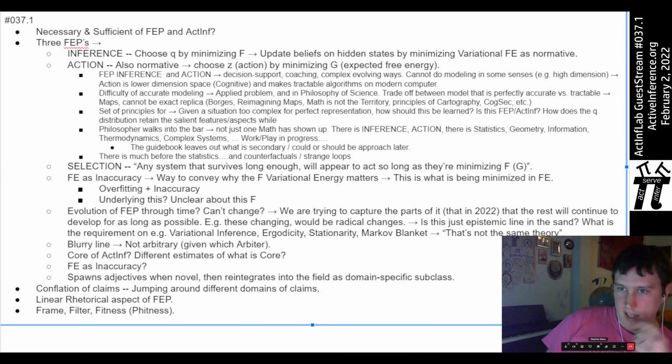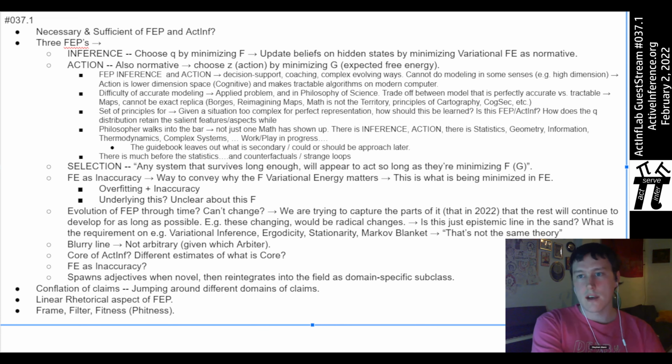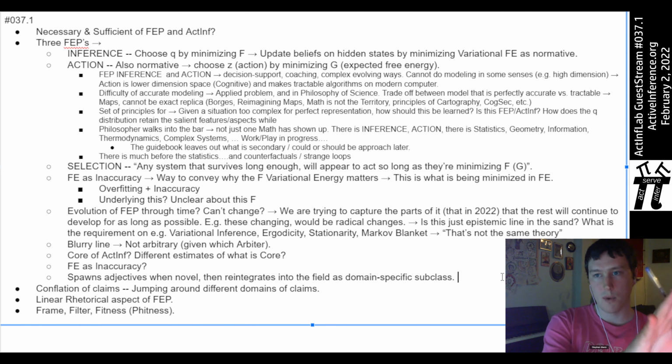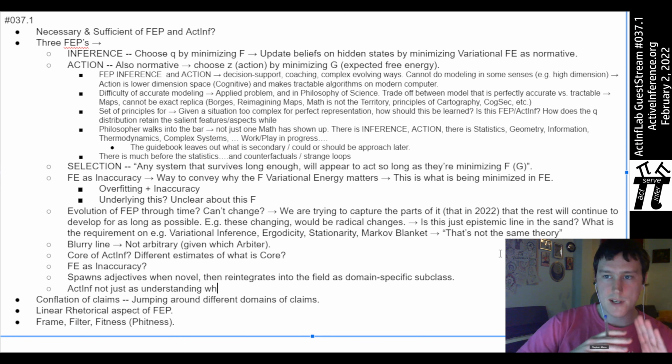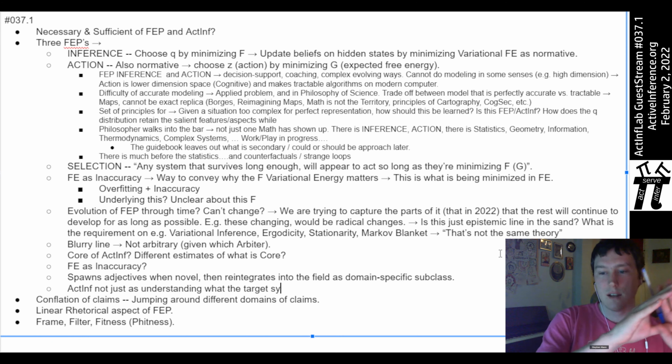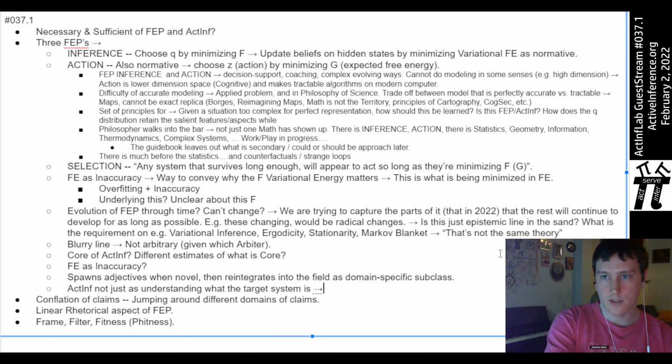Well, one of the most exciting and sort of scary aspects of active inference is the idea that it's applied not just as a way of understanding what our target systems are doing, so not just what a biological system or a brain that I'm studying is doing, but also as a way of understanding what I myself am doing when I represent that target system in order to try and understand it.